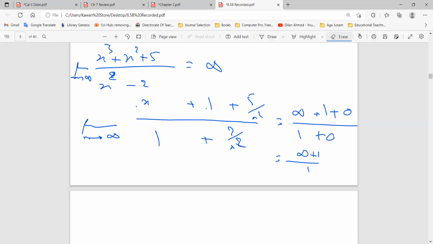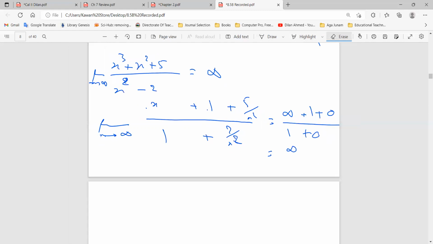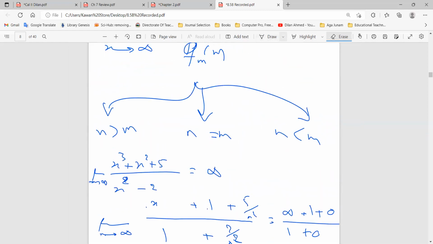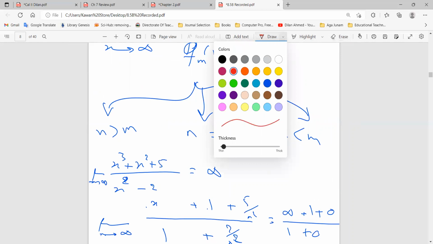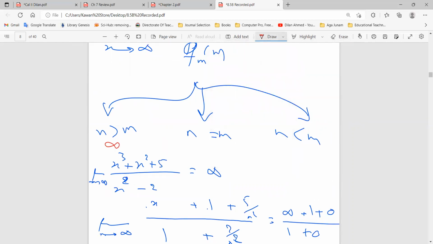And it is equal to infinity plus 1. Infinity is a lot, with 1 no sense, right? Just infinity. That's why we say in the first case, if the numerator is greater, we will get infinity.